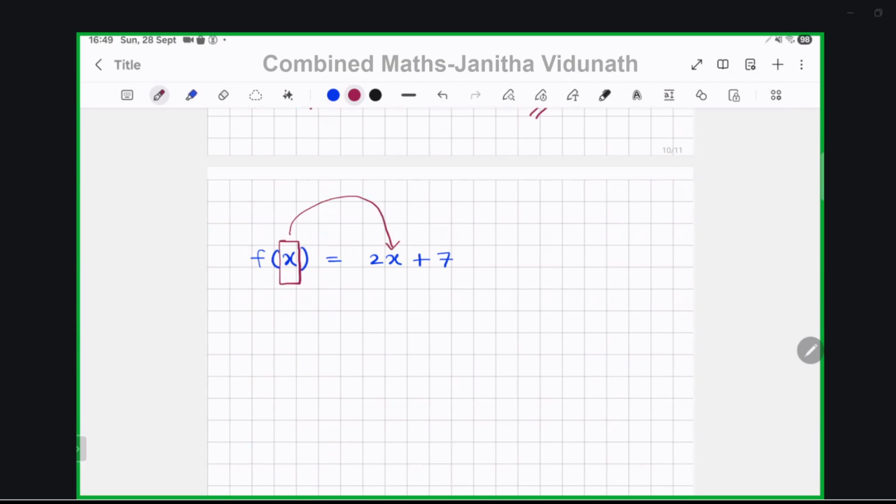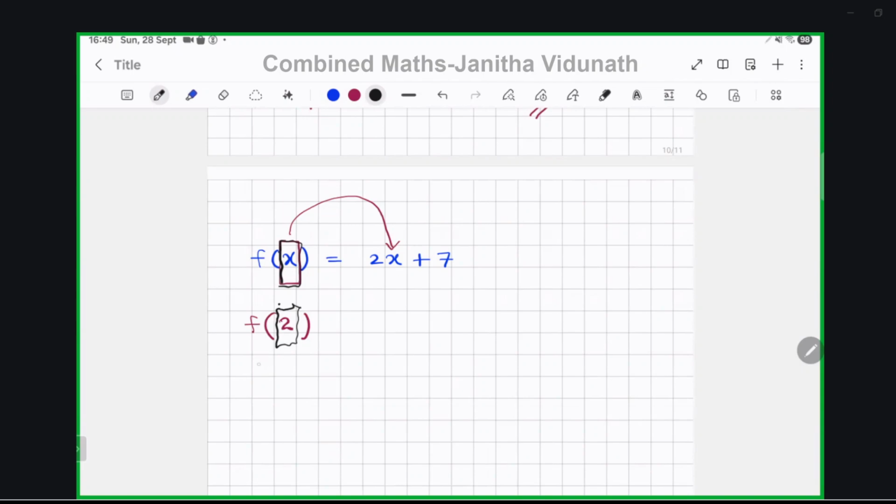Okay. Now think we have to find f inside the bracket 2. Previously inside the bracket we had the term x. Now inside the bracket we have a numerical value 2.